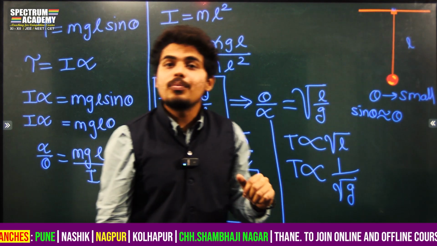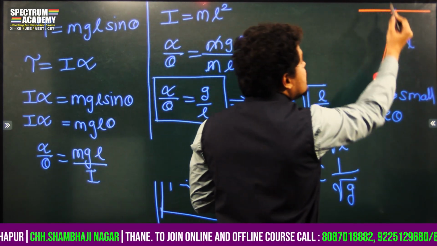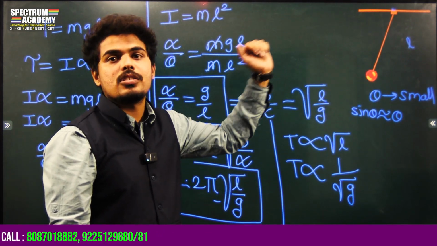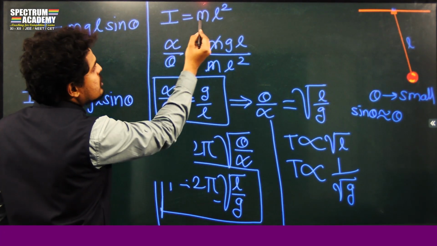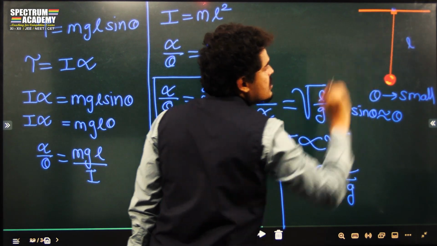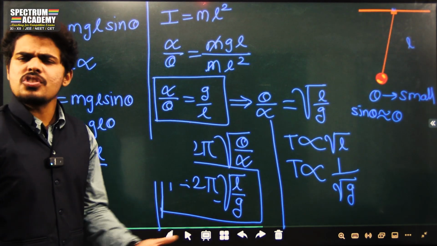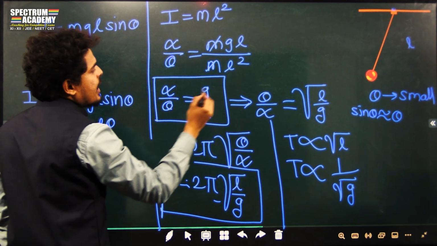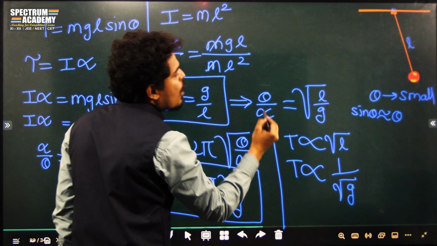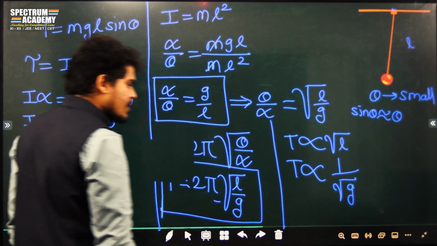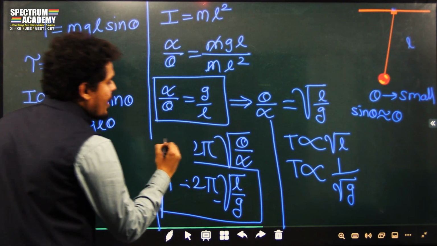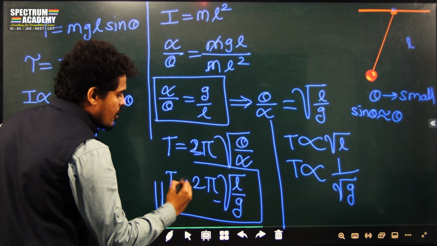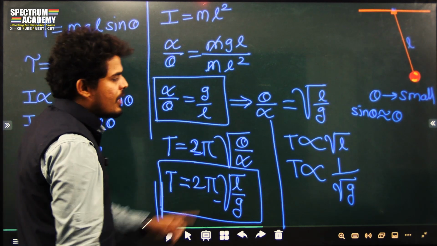The moment of inertia of the bob is given by the mass of the bob into the square of its perpendicular distance from the axis of rotation, which is the length of the string. So I equals ml². Putting the values, we get α upon θ equals g upon l, so θ upon α equals under root of l upon g. The period is given by T equals 2π under root of θ upon α, so T equals 2π under root of l upon g.